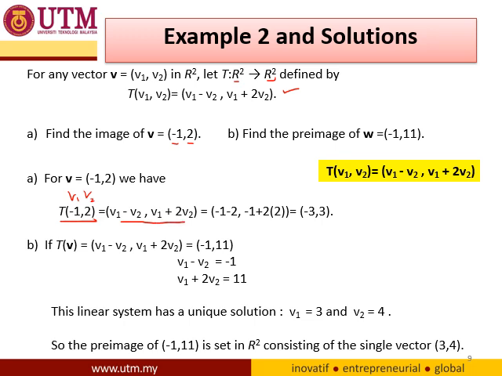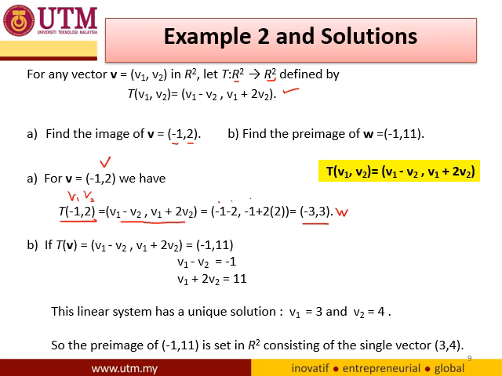So you insert your v1 and v2: negative 1 minus 2, and negative 1 plus 2 multiplied by 2. So you will get your w, your image, for this v. Okay, straightforward, same as what we do in the previous example.